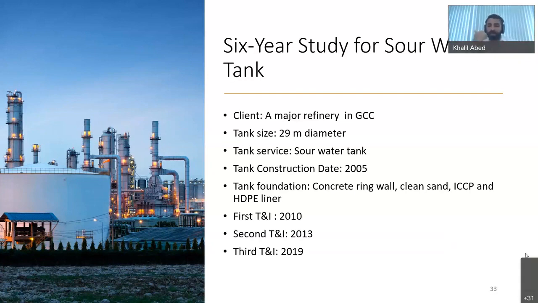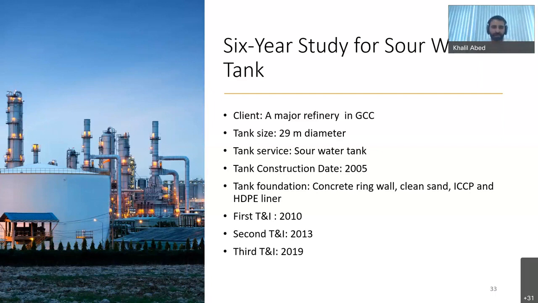This is where they thought about utilizing vapor phase corrosion inhibitor to just keep the tank in service without replacing the entire tank floor, do the patch repair, and keep the tank in service for the scheduled T&I, which was in 2019.